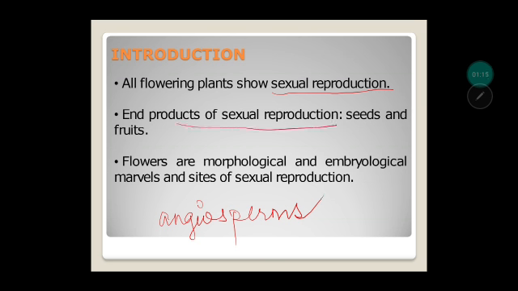Means what is formed at the end? Seeds and fruits. And flowers are the morphological, means like the visible appearance is very beautiful, and embryological marvels. And why embryological? Because here the reproduction is going to take place, and embryo is also going to form. We learn about it in detail in this chapter.